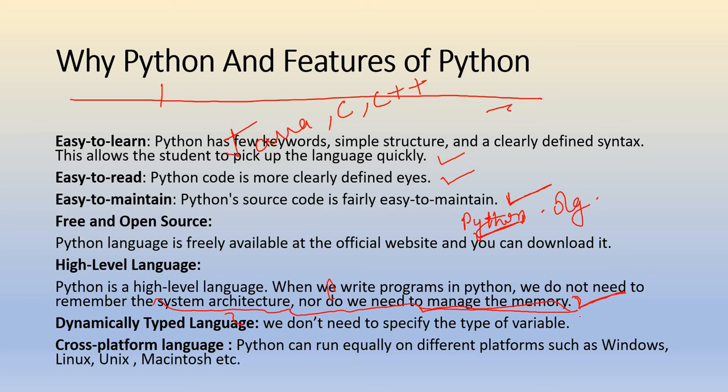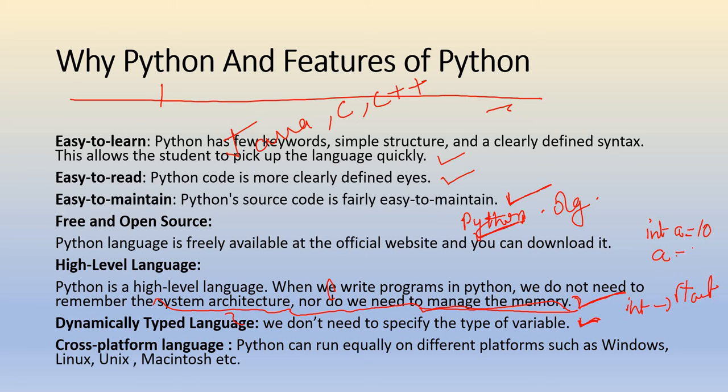When compared to previous high level programming languages like Java and all, the next characteristic of Python is that it is a dynamically typed language. A language is called dynamically typed when we can dynamically change the data type, from int to float, float to double, etc. Here we don't need to specify the type of the variable. For example, in Java, C, C++, we need to specify the data type like int a is equal to 10.